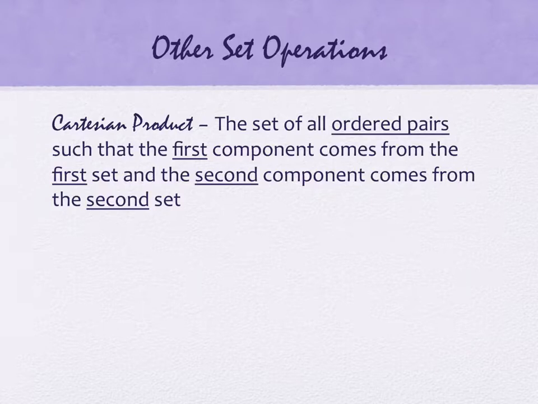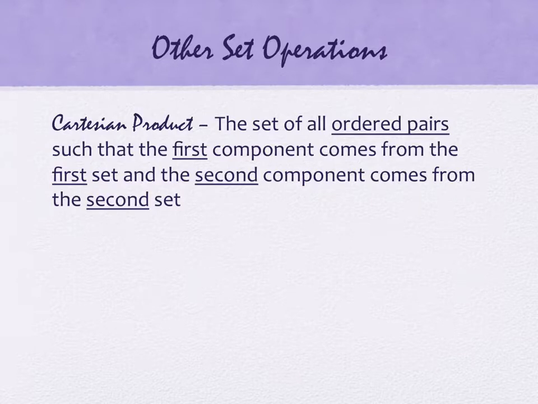You could almost think of this like if you were working in your closet and your first set is your shirts and your second set is your pairs of pants, and you were looking for all the outfit combinations that you could choose. If you want to think more technically mathematical, you can talk about the XY coordinate plane, right? X's and Y's. X is your first set, and Y is in your second set, and so forth.